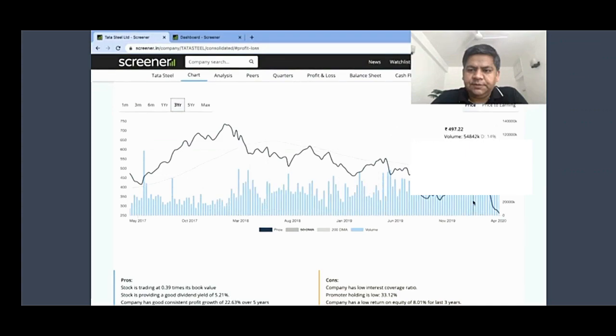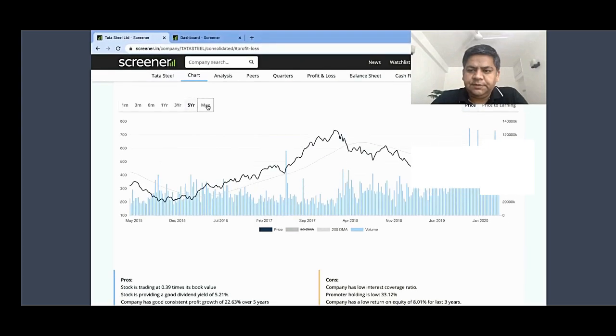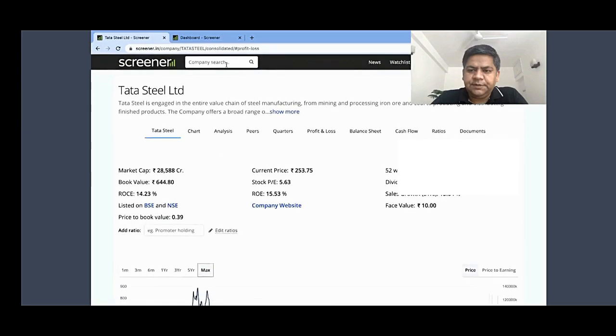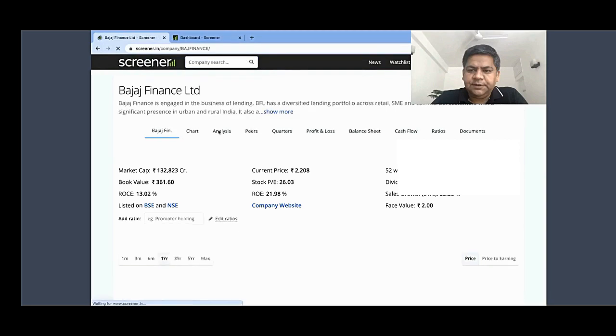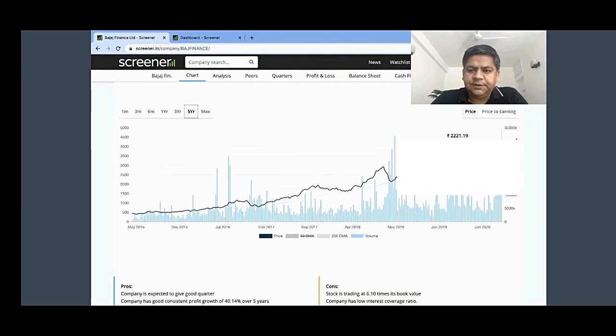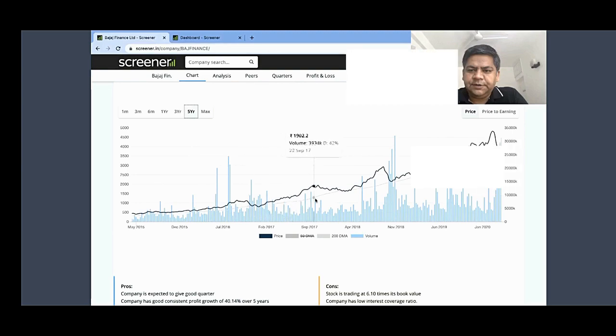It's fine that the market has crashed from certain levels, but if I go and see the last 5 years, even if I see the graph, it is not like, if I compare it with another company like Bajaj Finance, yes, they were overvalued and crashed big time in this market fall, but before that, it was very much aligned with the total sales and total profit compounded growth, right?